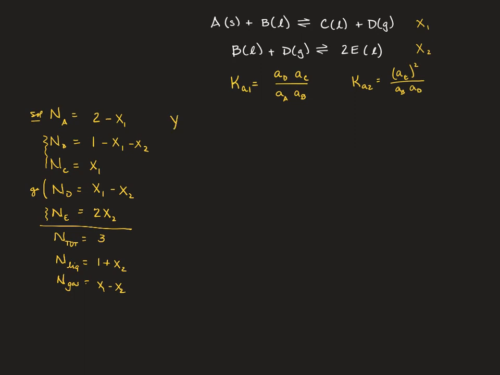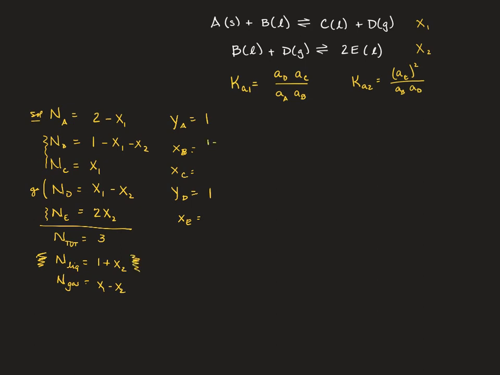So, therefore, Y for A, or X, or whatever you want to call for the mole fraction of this, is just 1, right? The solid is going to be all component A. The gas is all component D. And the liquids, I have X for B, X for C, and X for E, and those are determined by taking the number of moles of the component divided by N of the liquid.